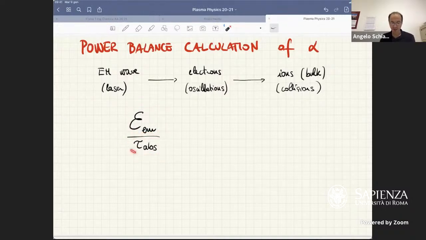So this is the rate at which locally the electromagnetic field or wave is losing energy due to interaction with the plasma. And we want this, this is the power balance, to be the same rate at which we have the oscillation energy density of the electrons, the quivering energy density, divided by the characteristic time for energy exchange.